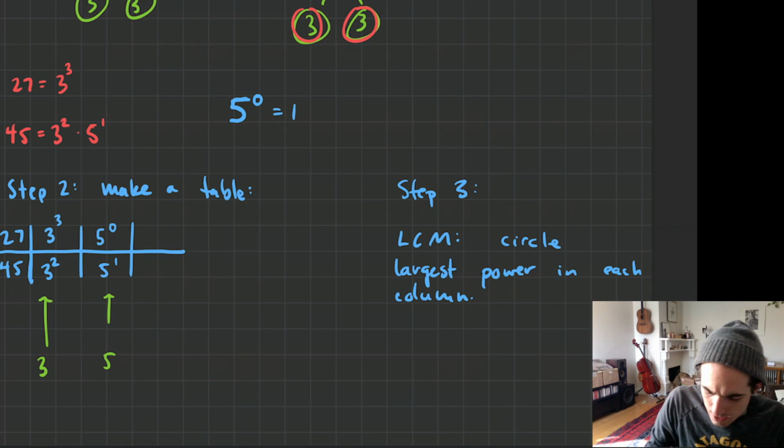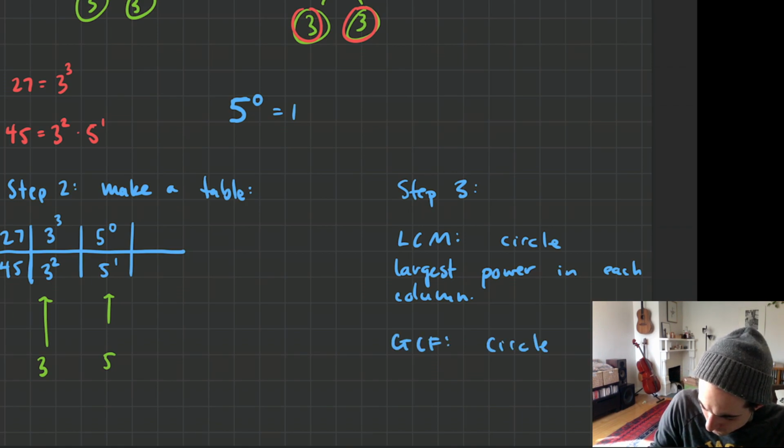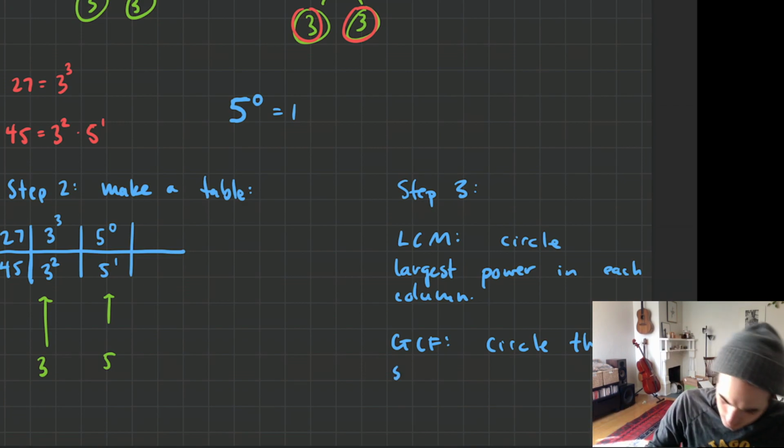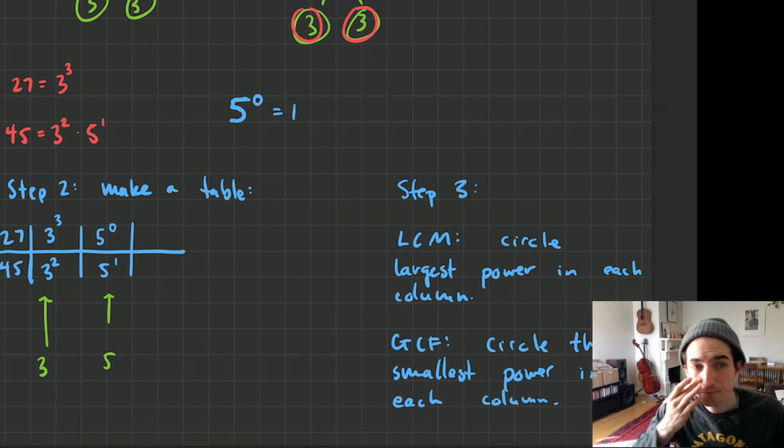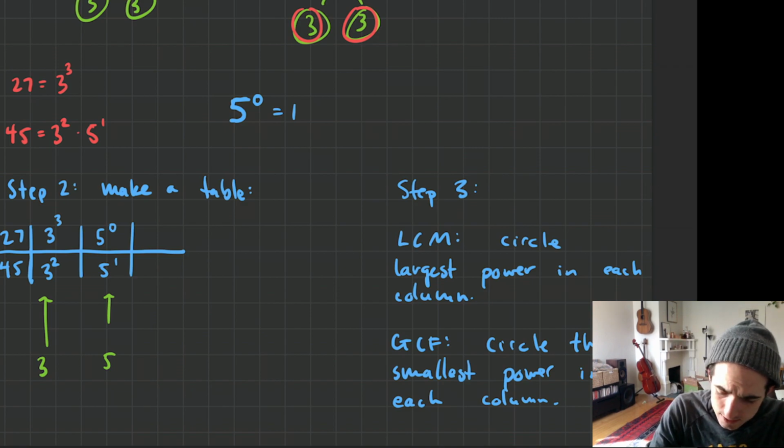And for the GCF, we are going to circle the smallest power in each column. Sorry Goose, I've got to scoot you over. Let's go ahead with that.